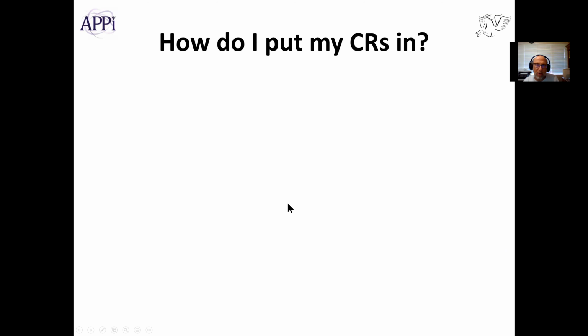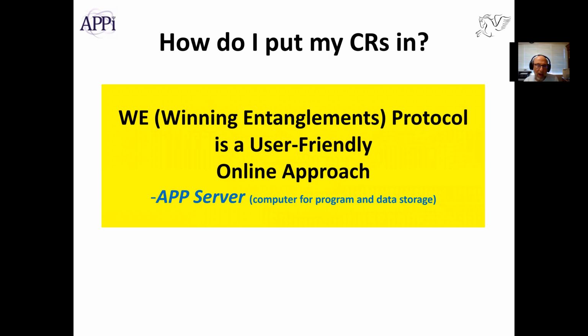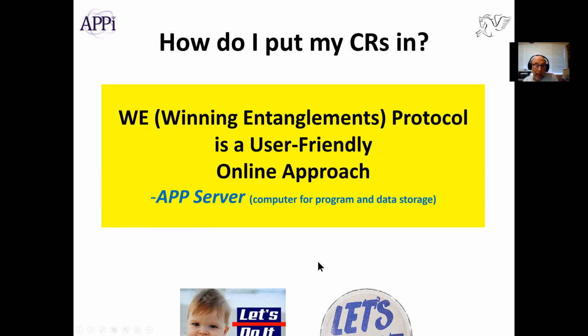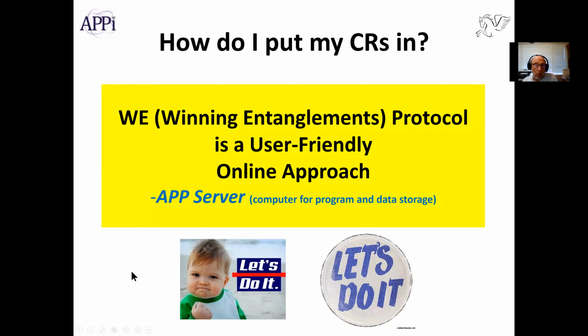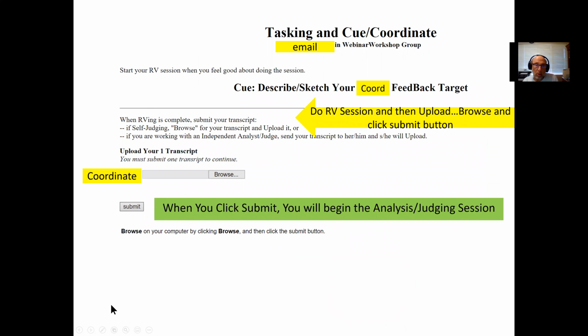But here you are, you've done your transcript. Now you've got to get it into the server. You need to make an actual prediction. So let's do it. Do you remember this page? You have the equivalent of it in your computer because that's what you used when you got your coordinate.